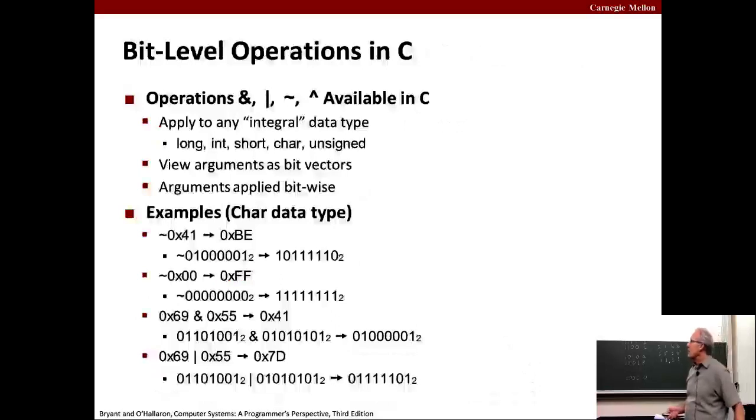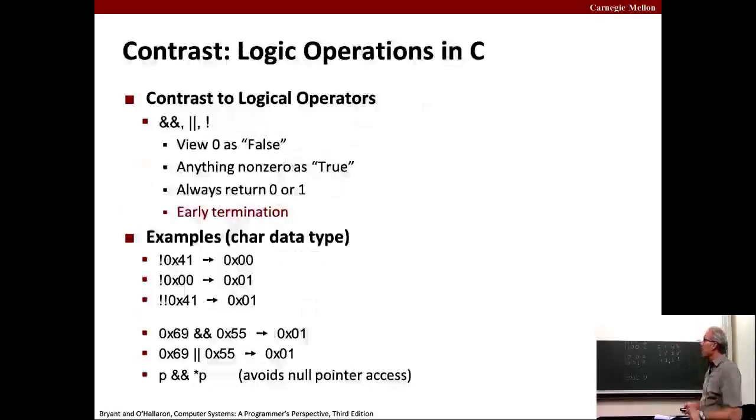So as I mentioned, those are available directly in C: the ampersand, vertical bar, tilde, and caret. One thing that's really important, and that programmers get wrong all the time, beginning programmers a lot, and even experienced programmers from time to time, is to mix up the single ampersand and the double ampersand, or the single vertical bar and the double vertical bar, and the tilde versus the exclamation mark, which is often pronounced bang.